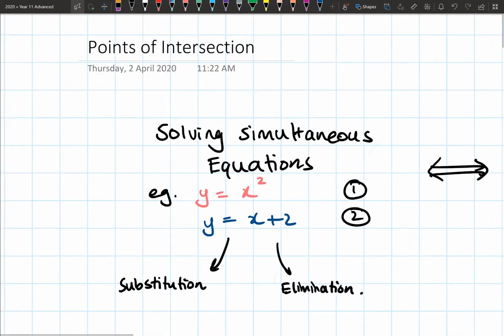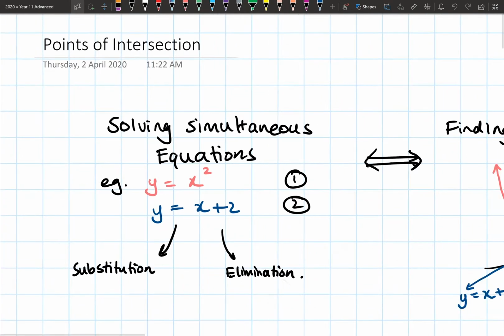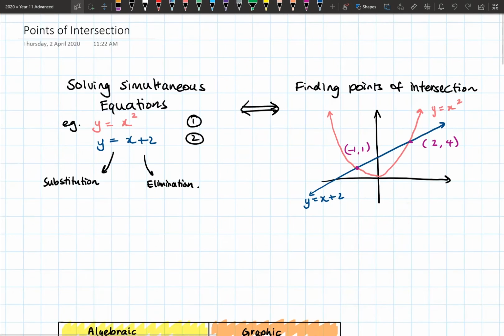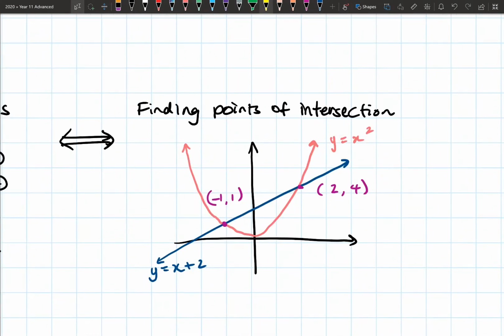Now what I want to do in this section is link this idea of solving simultaneous equations with finding points of intersection.